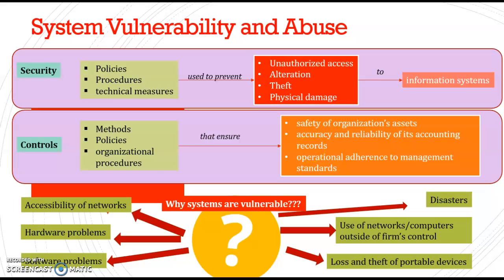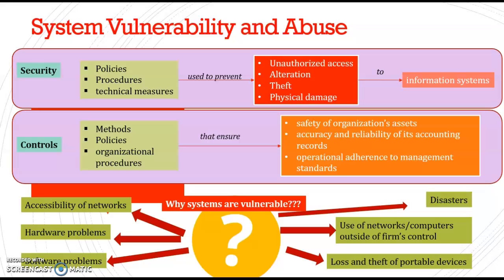When we talk about system vulnerability and abuse, we have to understand the definition of security. Security is something where you must have the policy, the procedure, and the technical measures. But why must we have standard security? We have to follow whatever do's and don'ts apply in our networking.